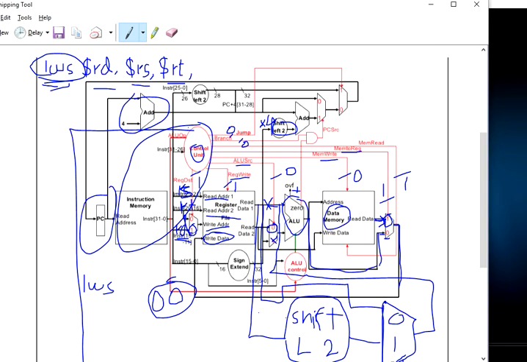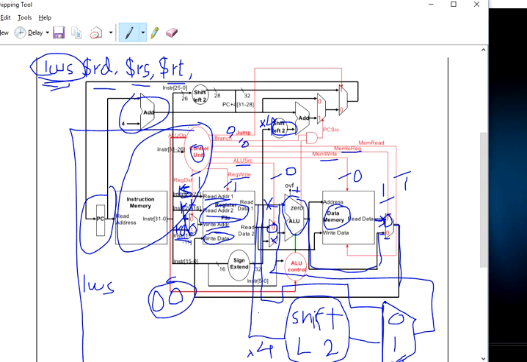Okay, and then after that, the control unit is going to decide what the control values are going to be for each of these. In the register file, we're going to be reading all these RS, RT, RD. We're going to multiply it in the shift left 2, and then add it to RT.